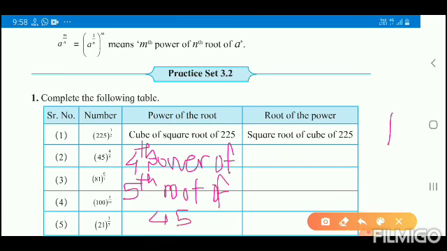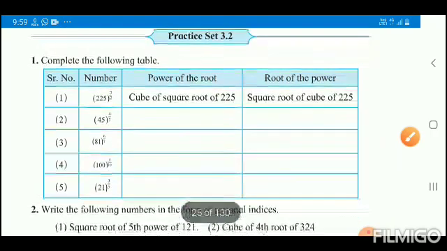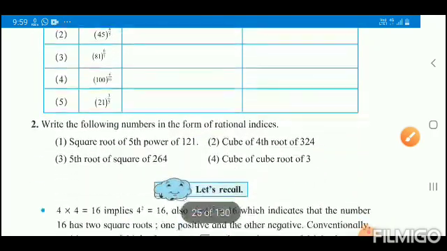And for the other form you can write the fifth root of the fourth power of 45. Okay, in the same way you have to solve the examples from practice set 3.2.